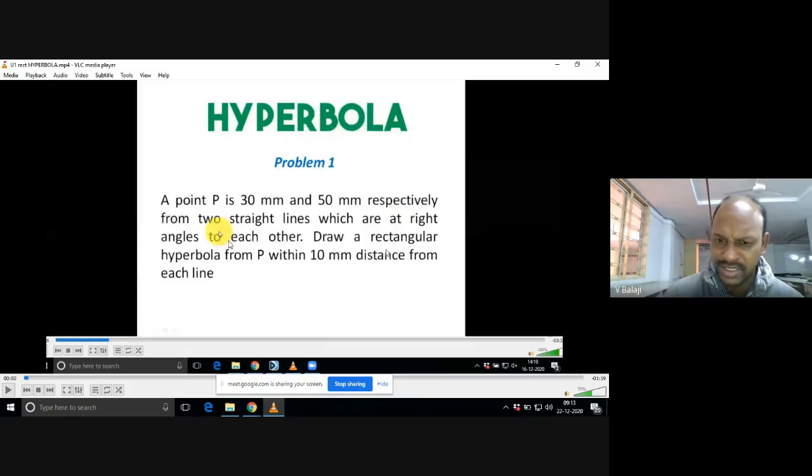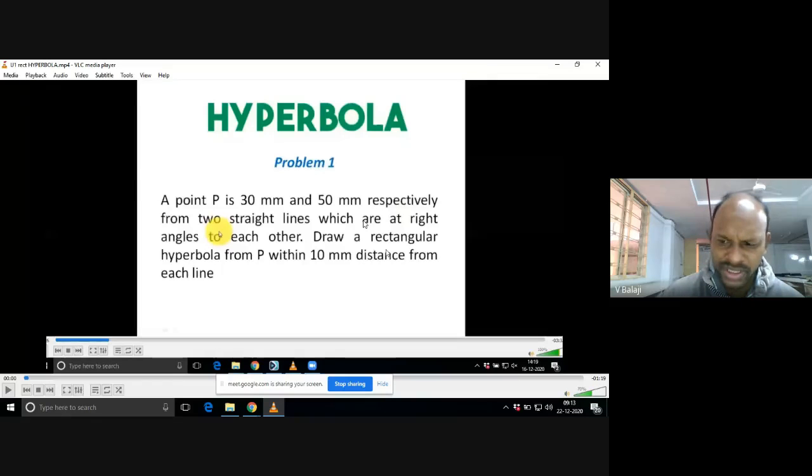That means it has a specific eccentricity value equal to root 2, which is 1.414. However, it is greater than 1 only, but it has a specific value.